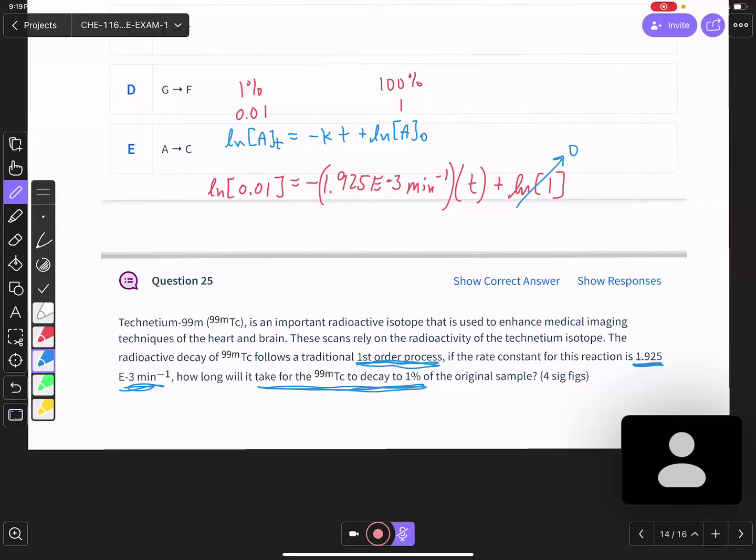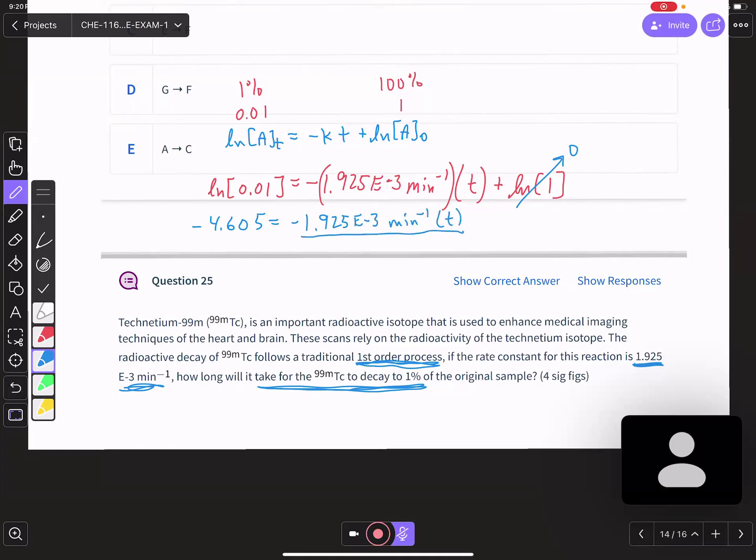The natural log of 0.01 is like negative 4.605 equals negative 1.925 e to the negative 3 times t.